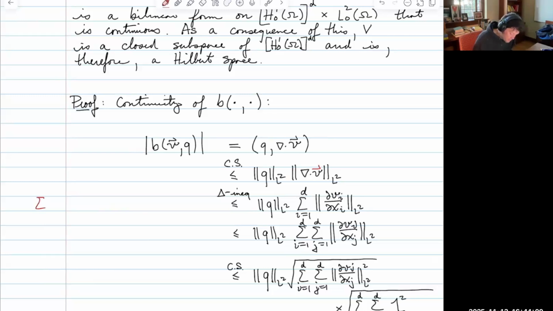Discrete Cauchy-Schwarz says if I have the sum i equals 1 to 3, let's say, of vi wi, then that's less than v's norm times w's norm. But what norm am I talking about? I'm talking about the discrete 2 norm.